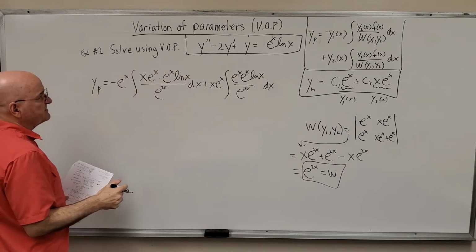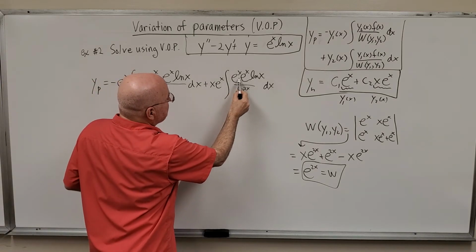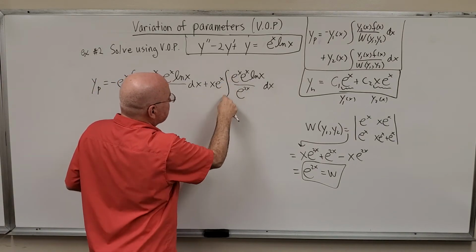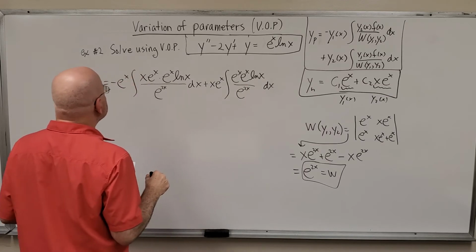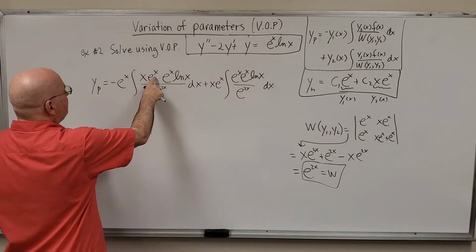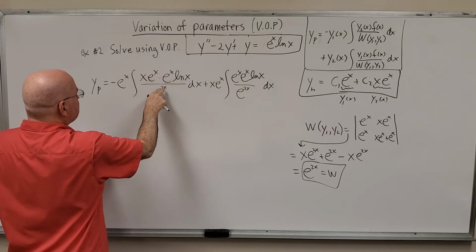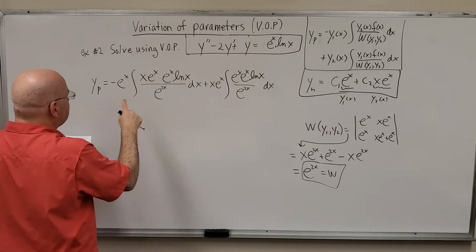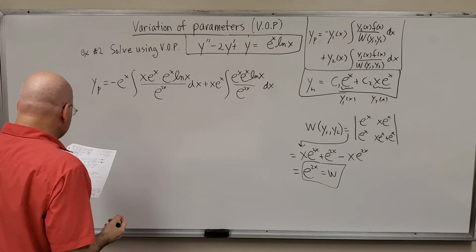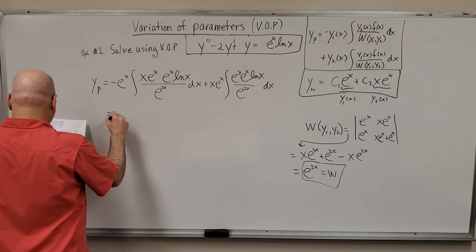And all that simplifies greatly. This e to the 2x just cancels with that, so this is the integral of ln x. And in the other one, the e to the 2x cancels with this, and we get the integral of x ln x. So maybe I'll go that far.